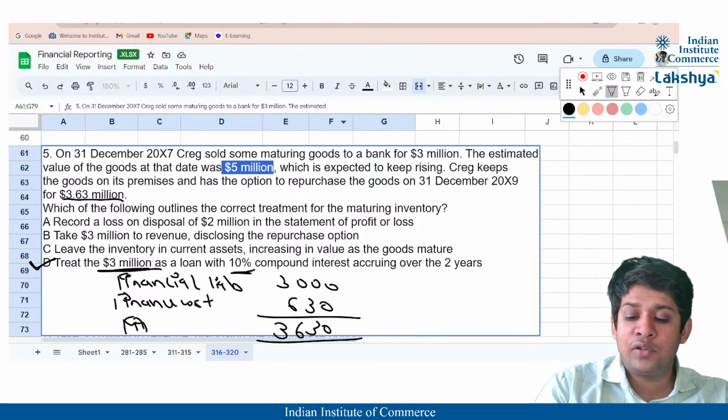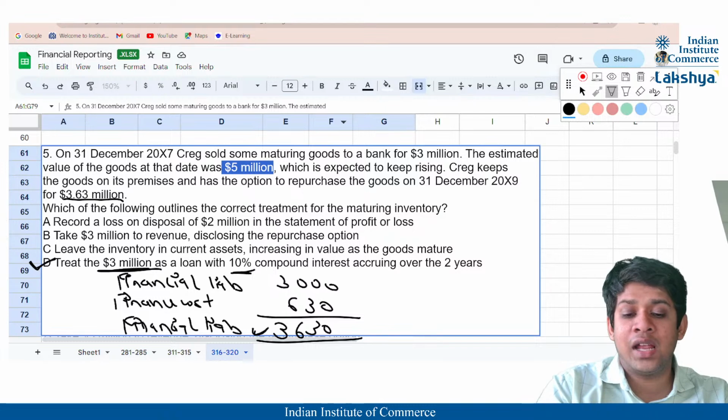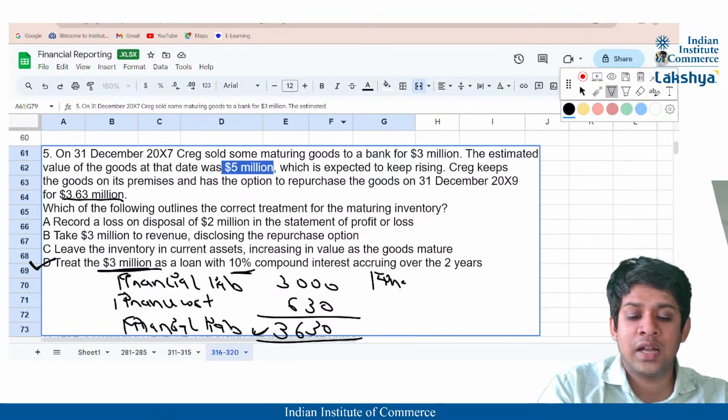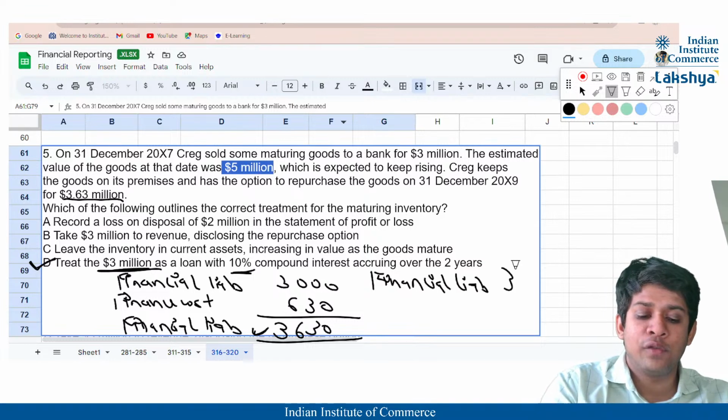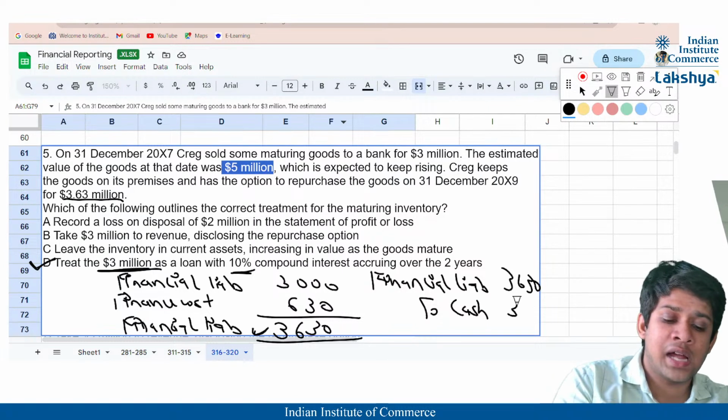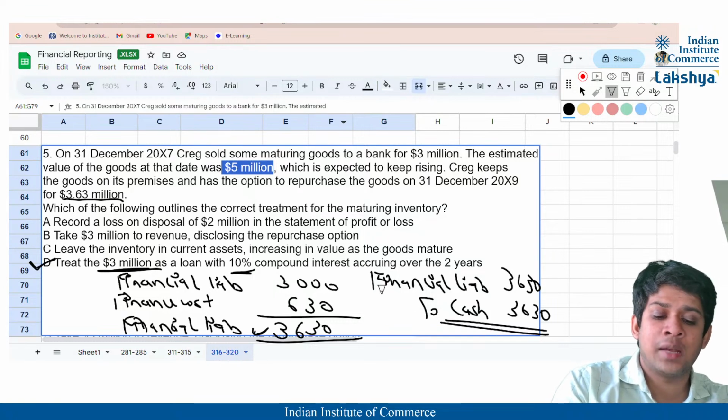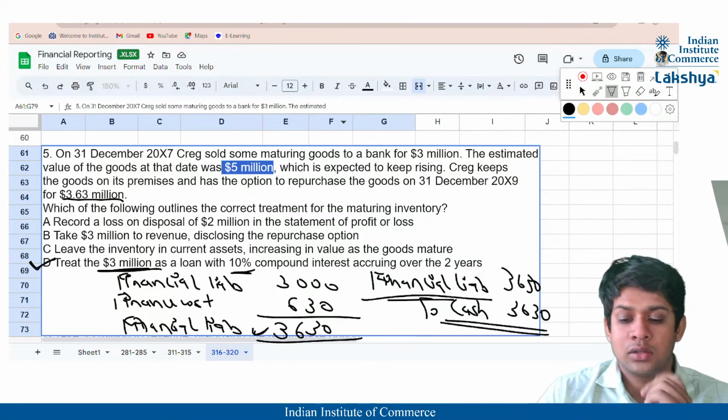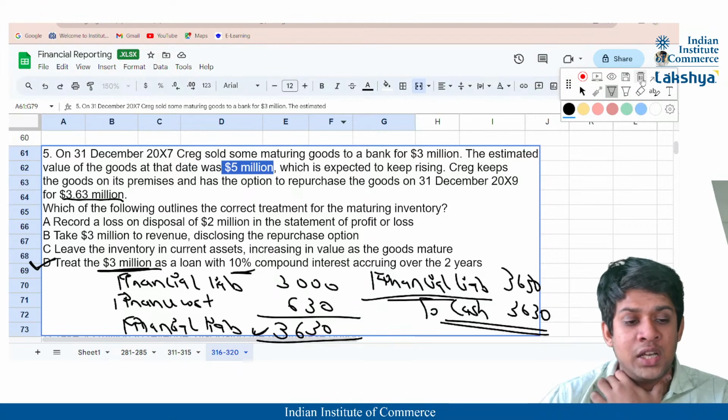Eventually after 2 years my financial liability will become 3630, and when I repurchase it at that time I will remove the financial liability of 3630 because now I repurchase the asset, right? And cash will go out of the business because I repurchased it, for which I paid cash to the seller, right? I hope this sum is clear to you all.